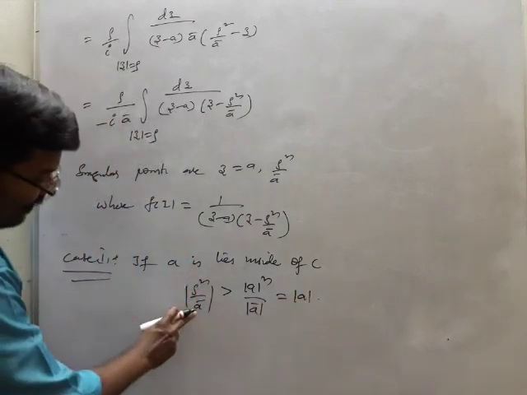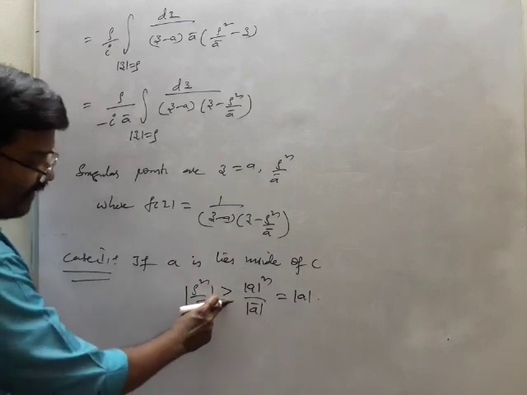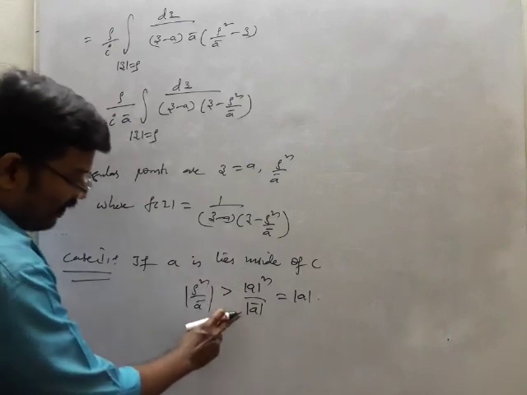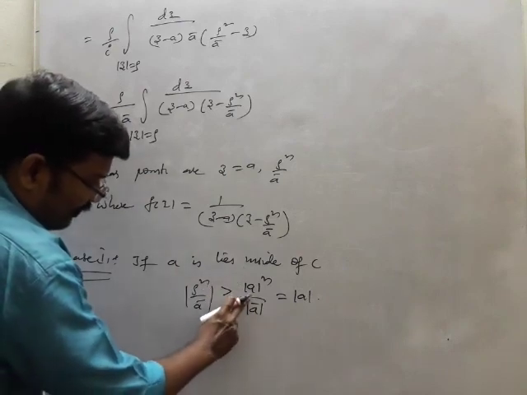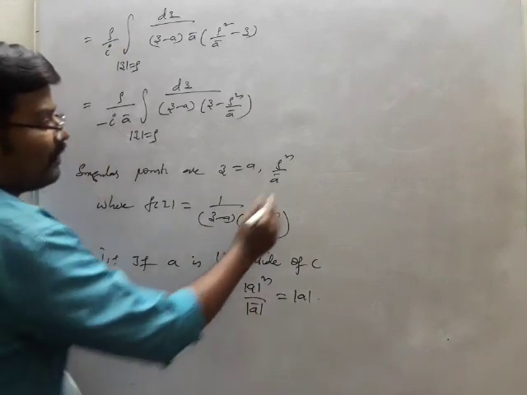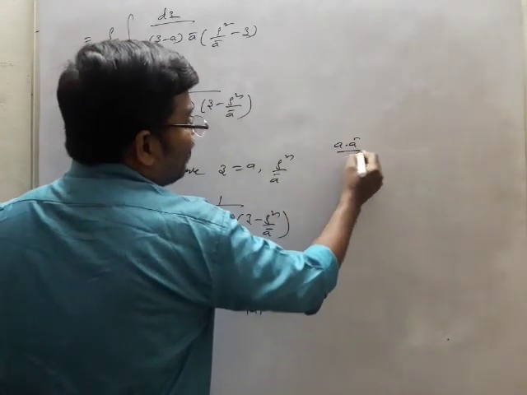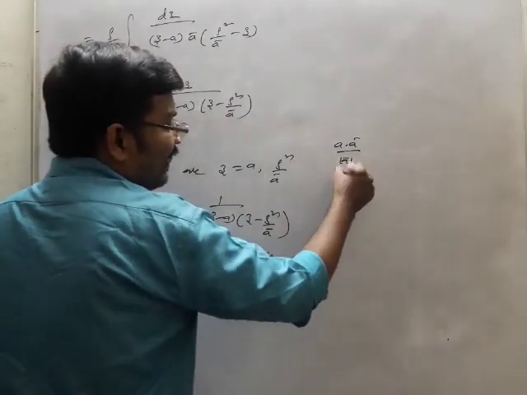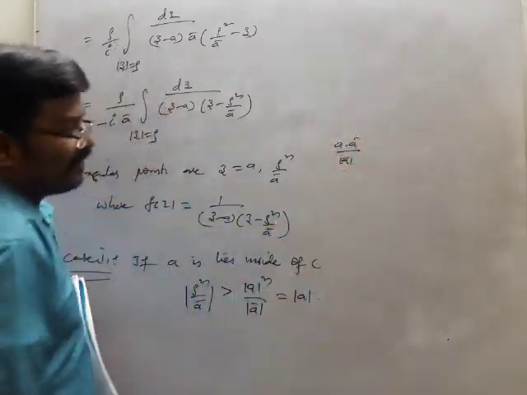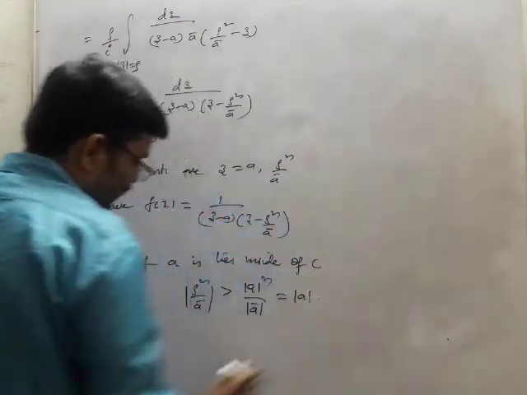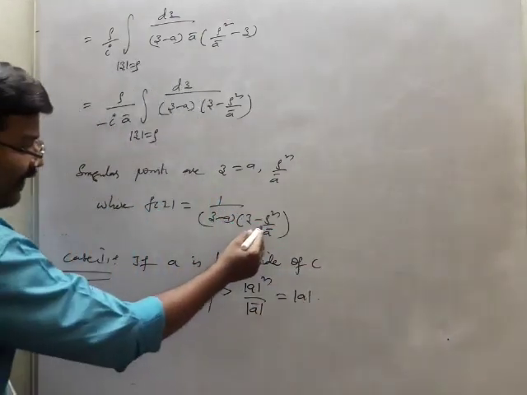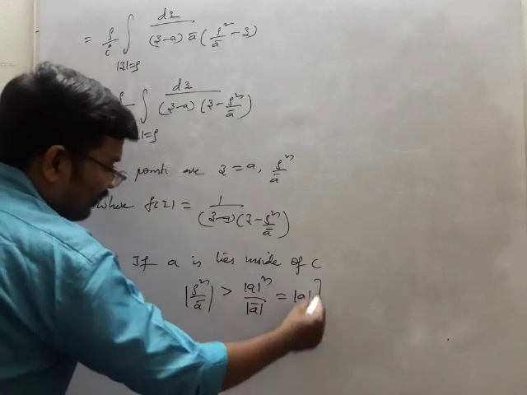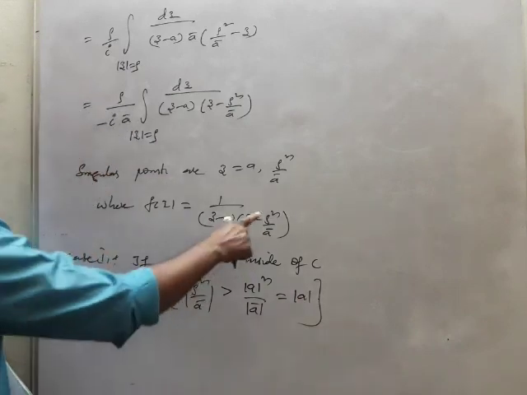So rho square by a bar is greater than mod a, because mod a square is a into a bar, divided by mod a bar, which is nothing but a again, the a gets cancelled. So it is greater than that. Therefore this one lies outside.